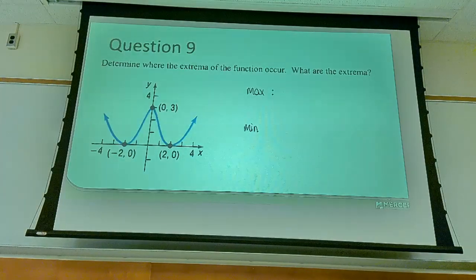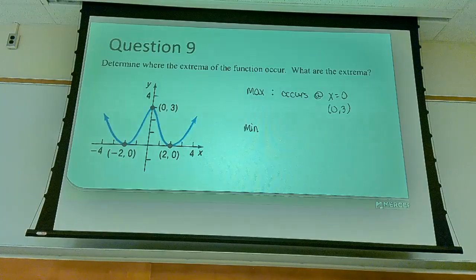The max occurs at, I'm just writing it to show the difference. There are two ways. I can either say it occurs at x equals 0, or I can just write the ordered pair 0, 3. Either one of those, unless I specify, like I may say, write your answers as an ordered pair.